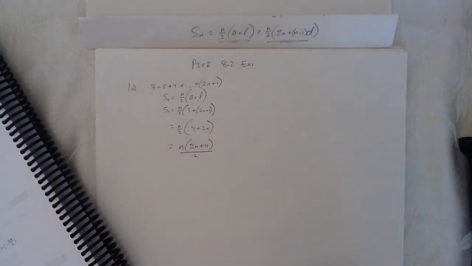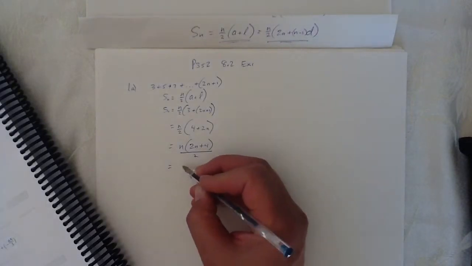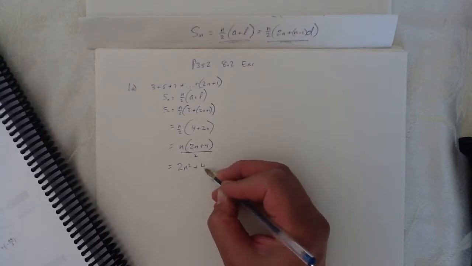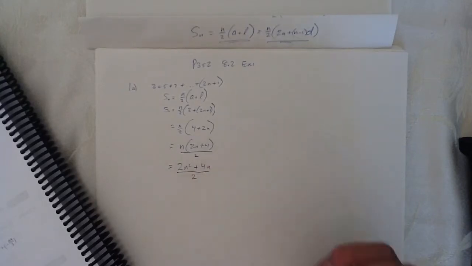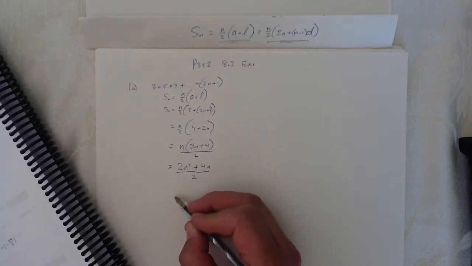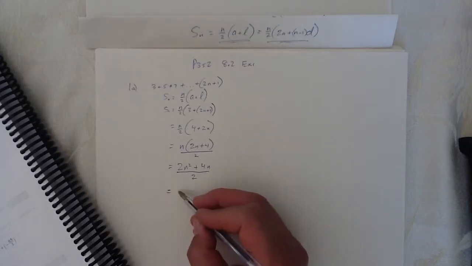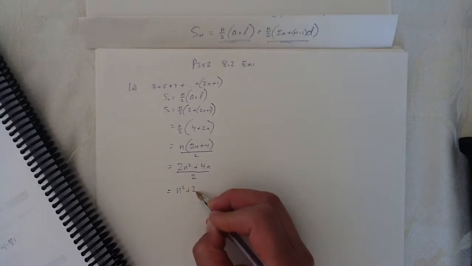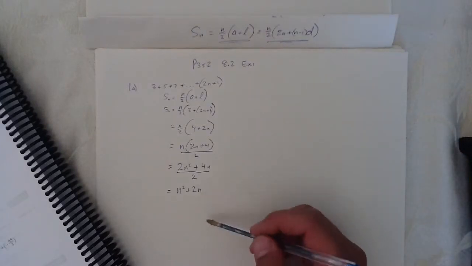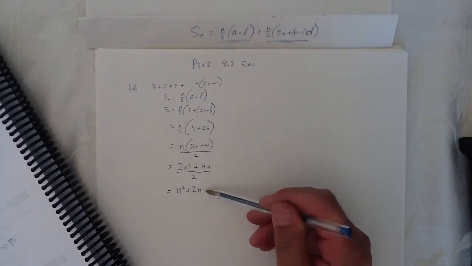So it looks like that, which also looks like this, 2n squared plus 4n over 2, which looks like this, n squared plus 2n. And there's nowhere else we're going to take that. That's it. Once we know what n is, we can add the sum because it's n squared plus 2n.